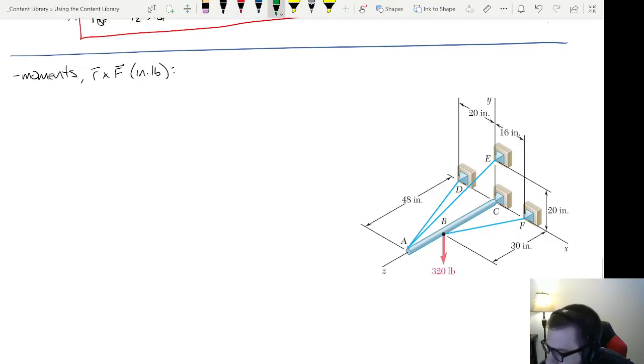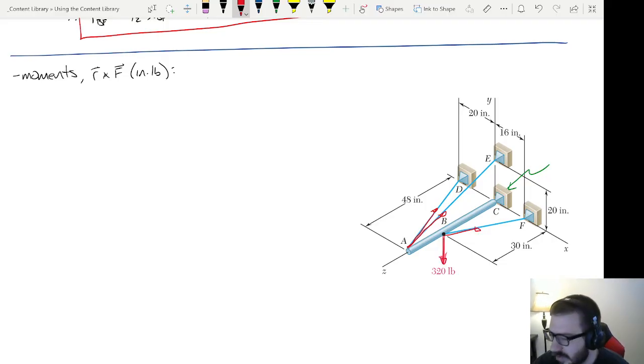So remember, we are summing moments at point C, okay? And there are 4 forces being applied that aren't going through C. So we don't have to consider the reaction at C. We can sort of ignore that. We have this force right here, this force right here, that force right there, and then we have the weight.